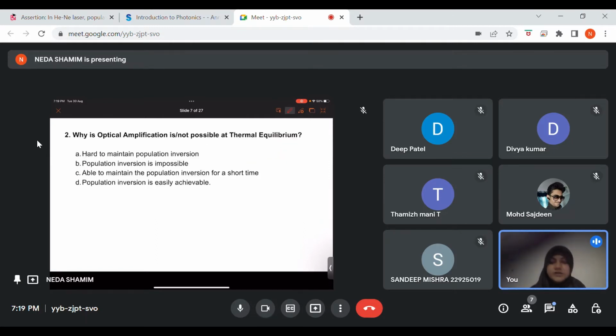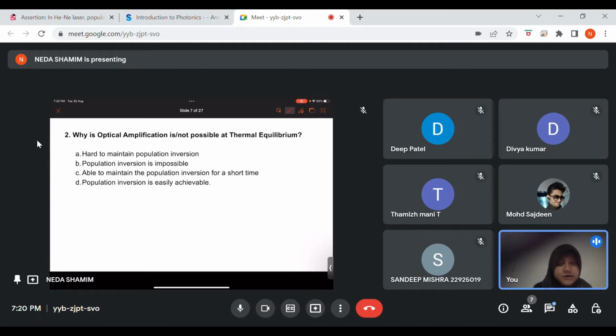Now based on that, this is my second question: why is optical amplification not possible at thermal equilibrium? We have already answered it in a previous question. Can someone tell me what the answer would be? Will we be able to maintain population inversion for a smaller time? No. Is population inversion easily achieved?